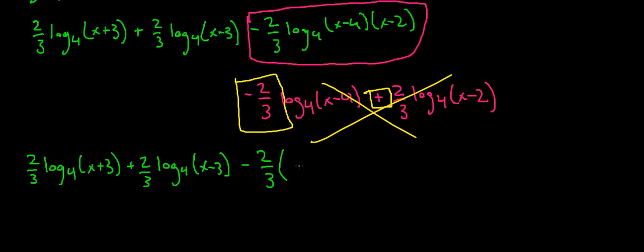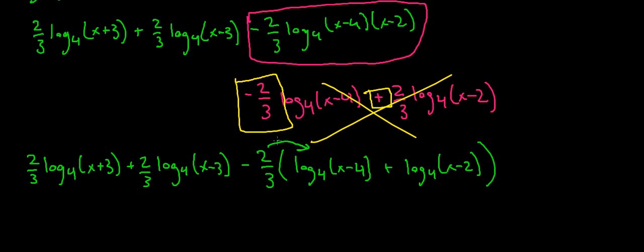So minus 2/3 log base 4 of (x minus 4), plus log base 4 of (x minus 2). And now distribute this minus 2/3 to both. And this is going to become a minus.